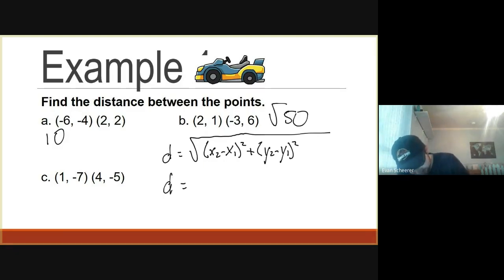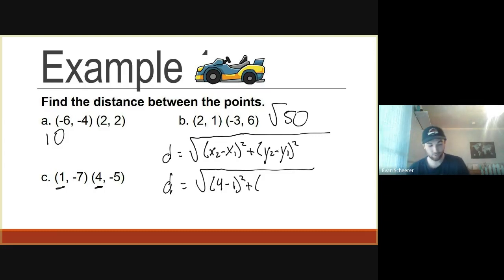So distance equals, well, your x2 is going to be 4 minus 1 squared plus y2 is negative 5 because it's the second y value minus a negative 7. Oops. Minus a negative 7 squared.